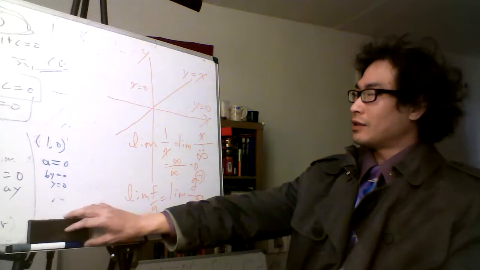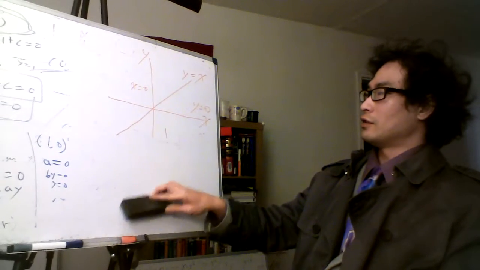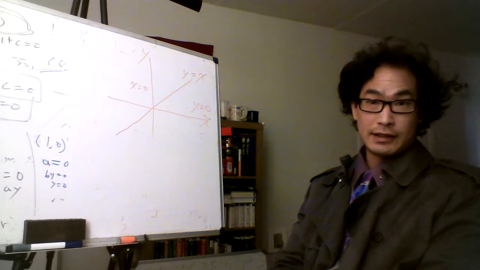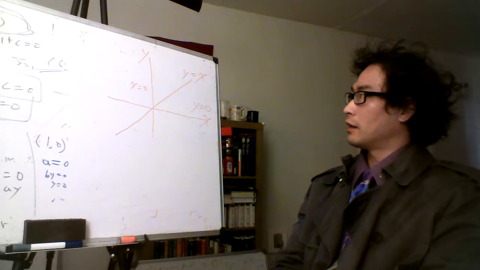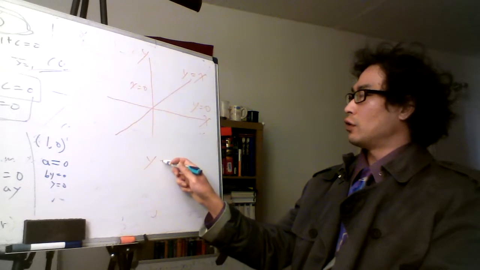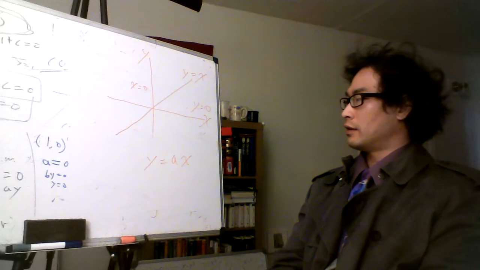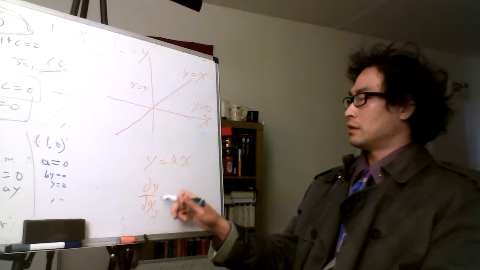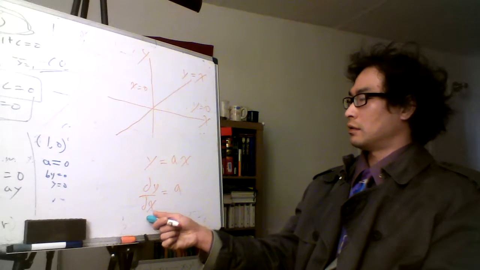So let's take a shot at defining this absolute infinity in terms of slope. I haven't gone that far yet. So y is equal to ax. Let's assume a is a positive number. So dy over dx is equal to a, right?